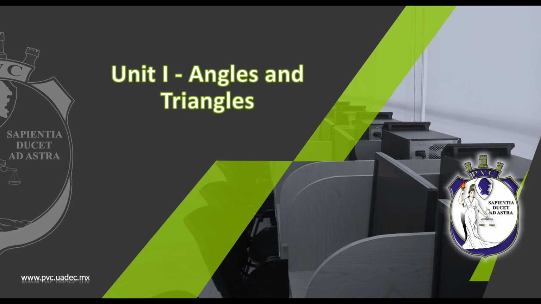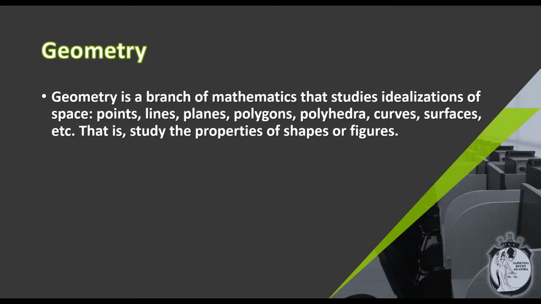Well, we will start with unit number 1 of Mathematics 2, angles and triangles. Now we will describe what an angle is, but you need to know first that the angle is part of geometry, and geometry is a branch of mathematics that is the idealization of space.